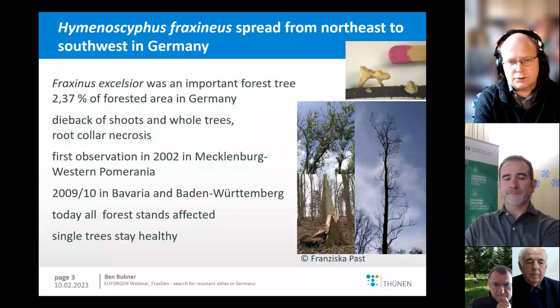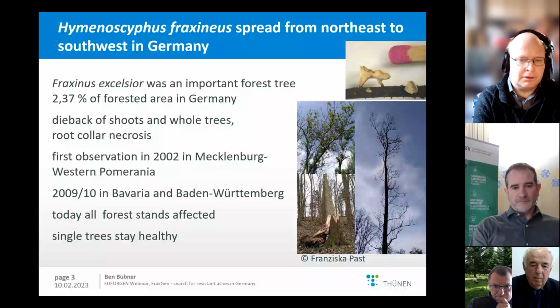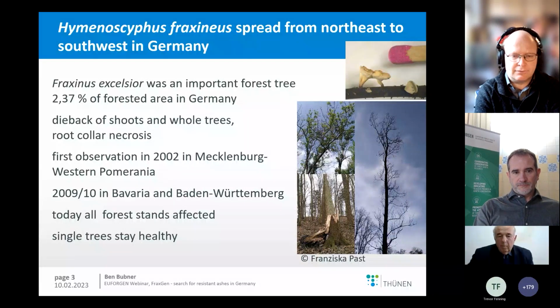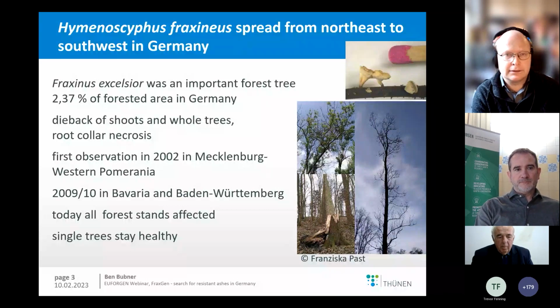The first observation we had in Germany was in 2002, and it moved on to Bavaria and Baden-Württemberg by 2009 and 2010. Today, our forest stands are affected, but we observe single trees that stay healthy, and we hope that they are the basis to select tolerant ash trees.